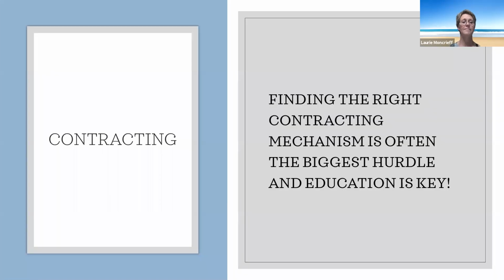Next slide. So, contracting: finding the right contracting mechanism. I'm telling you, as a small business, I had a program that was really successful and I was all excited, ready to get going and launch a product. And somebody in the Pentagon looked at me and said, so what's your contracting mechanism?